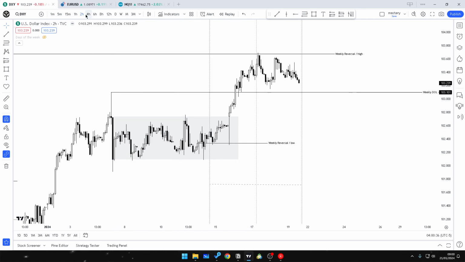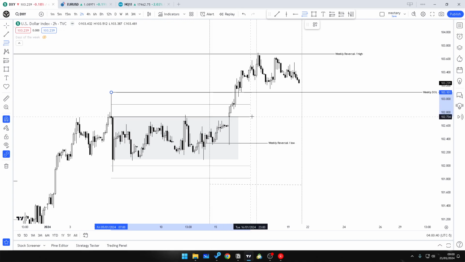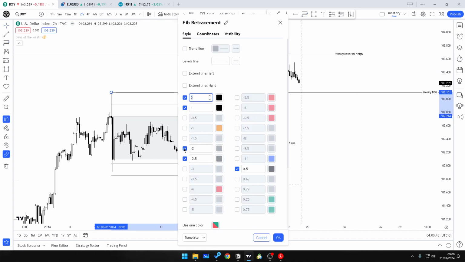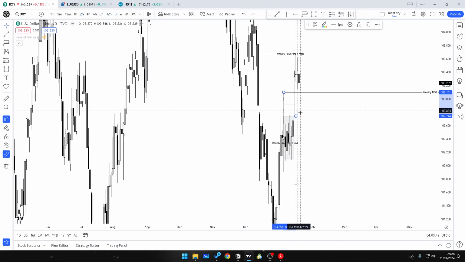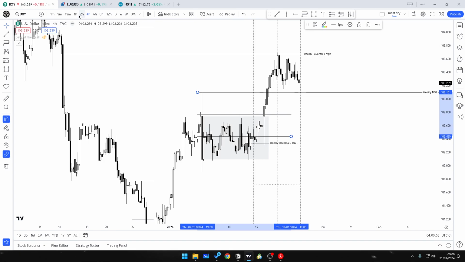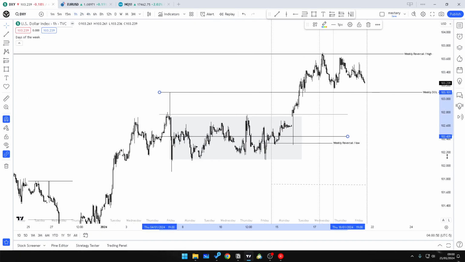On 2-hour, there's nothing I can use as an entry point. I can maybe use this right here, just like this. I think that this is not the correct one. Yes, it isn't. It will be like this. And I could try to use this as an inversion premium week or something like that.